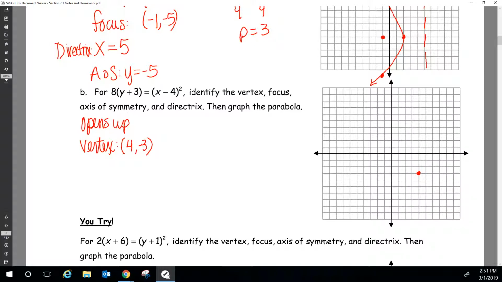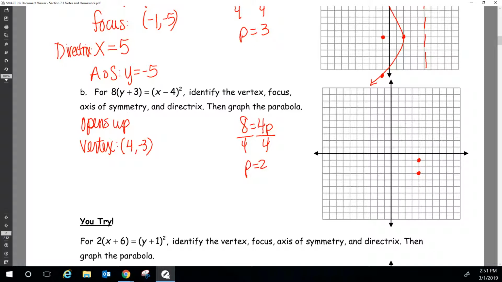The focal width of this is 8, and the focal width is 4 times p. P is the distance from the vertex to the focus, and the distance from the vertex to the directrix. So p is going to be equal to 2. So we're going to go up 2 to find our focus.